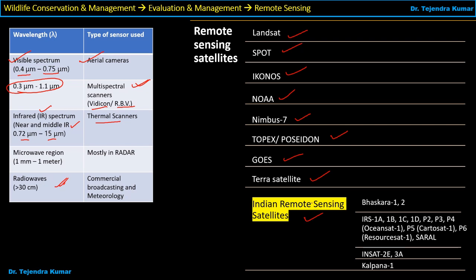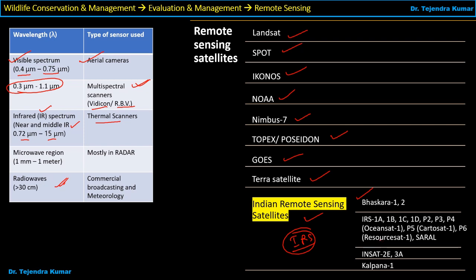There are many more satellites available, but I took some examples just to show that these are some important remote sensing satellites. If you see the Indian remote sensing satellites, or IRS, there are many satellites from the start.